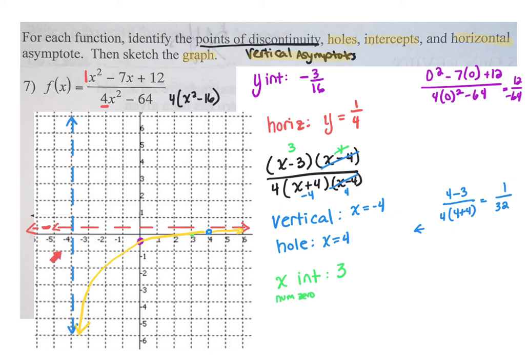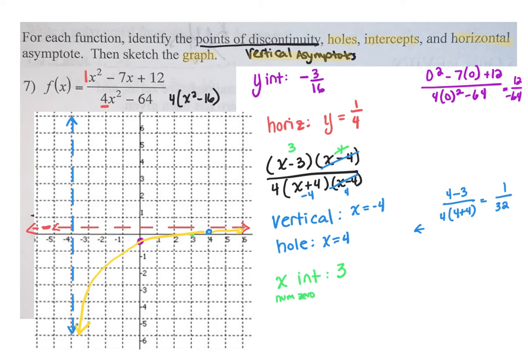I know I don't cross the x-axis because I do not have another x-intercept. I only have this one x-intercept. If I had an x-intercept over here, then I would say this is going to be on the bottom. But I don't, okay? So this graph is going to be up here on the top.